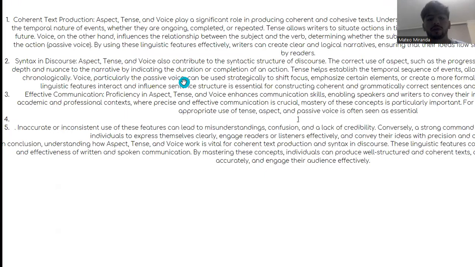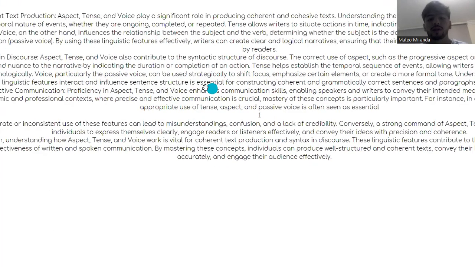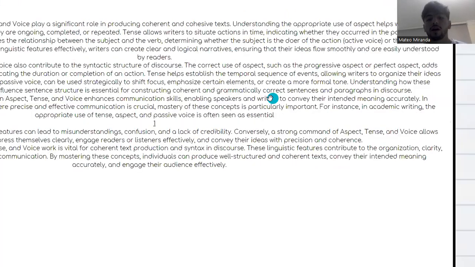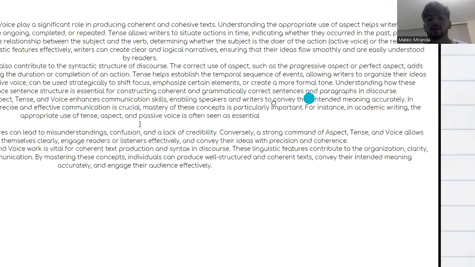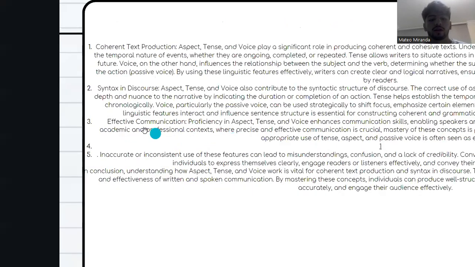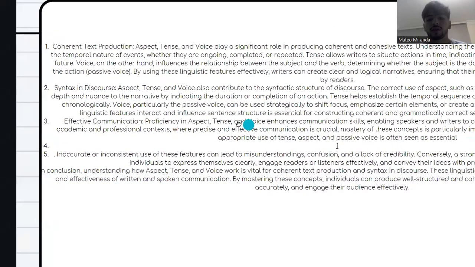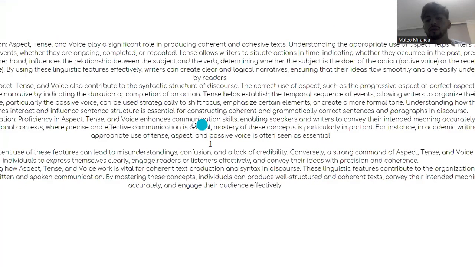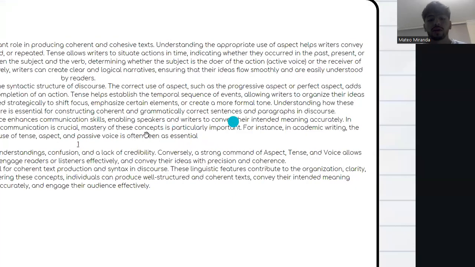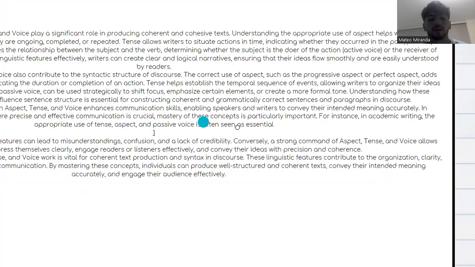Voice, particularly the passive voice, can be used strategically to shift focus, emphasize certain elements, or create a more formal tone. Understanding how these linguistic features interact and influence sentence structure is essential for constructing coherent and grammatically correct sentences and paragraphs in discourse.